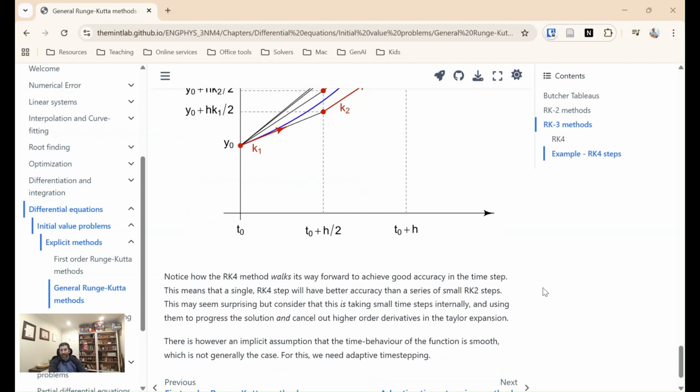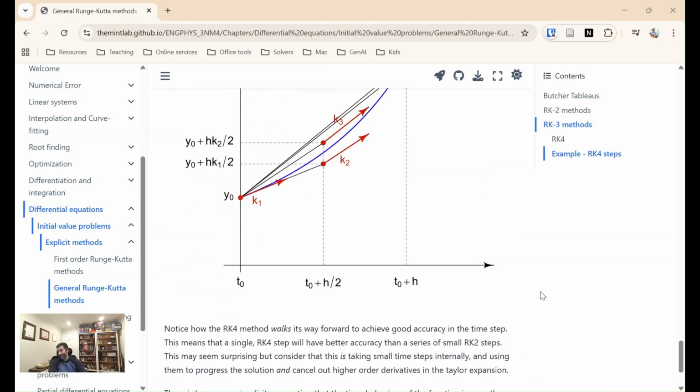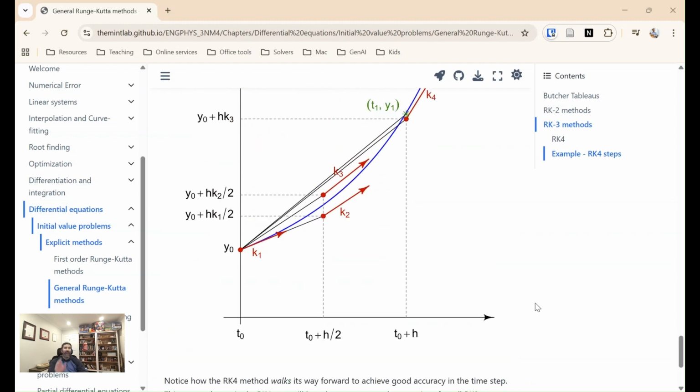Okay, but, and there's always a but, there is an implicit assumption that your function in this entire interval is not behaving crazily, right? Because you can look at this plot and imagine if your curve came up and then had a sharp drop, right?